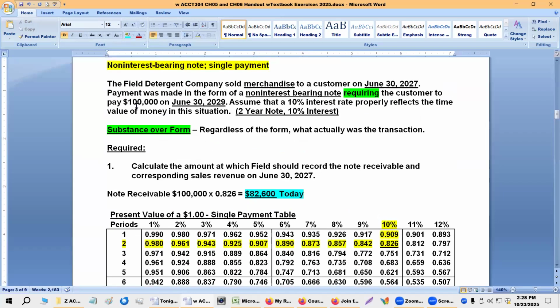Now, again, the substance over form, the actual form is that it's a notes receivable for 100,000. But in essence, what we did is we had a sale of $82,600. Now we are going to make interest on this. The interest will be the difference between these two over the next 2 years.